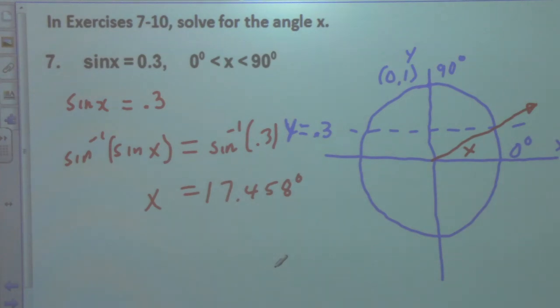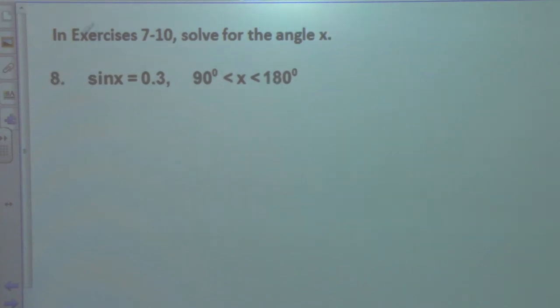Everybody understand what's going on there? Now, 8, 9, and 10 require the use of reference angles, or the understanding of reference angles in different quadrants. So right now in 8, we have the same sort of thing, except we're interested between 90 degrees and 180 degrees.